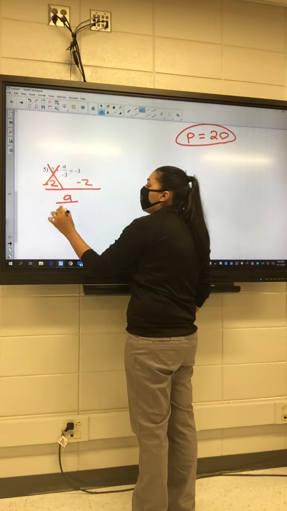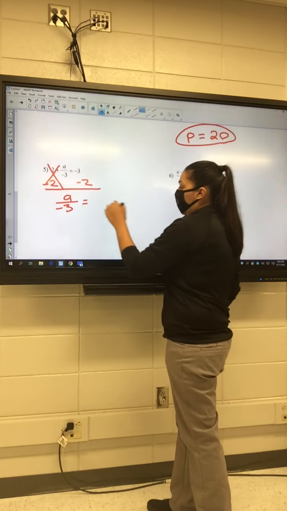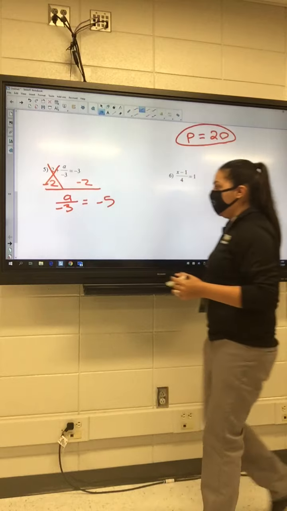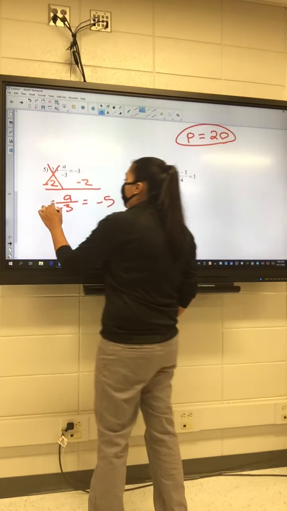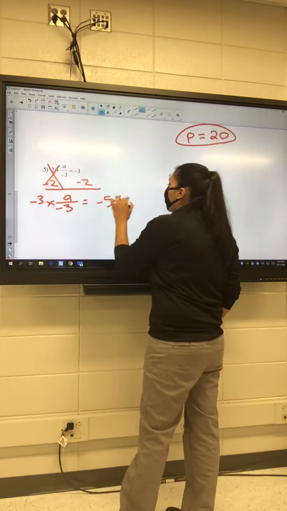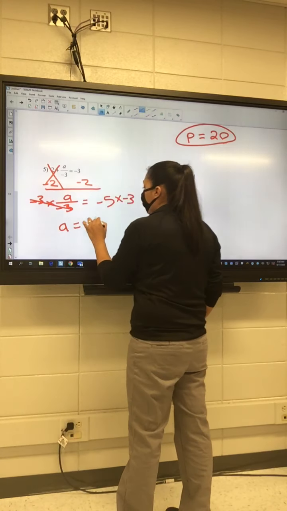So I got a over negative 3 equals negative 5. Okay, what's going to be my next step? Times by negative 3. So I got a equals 15.